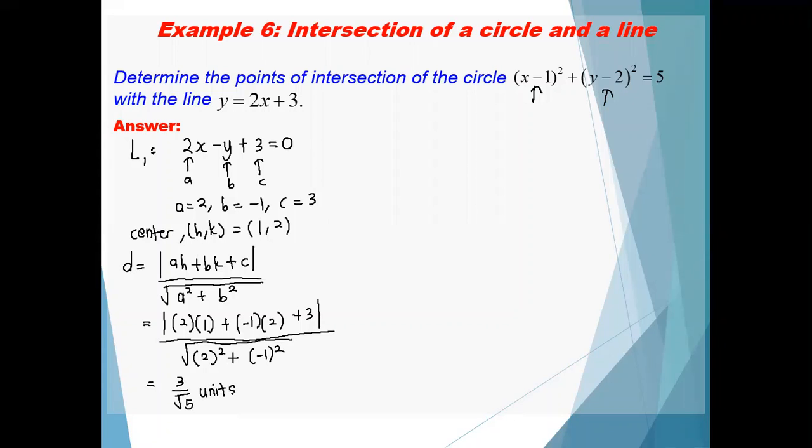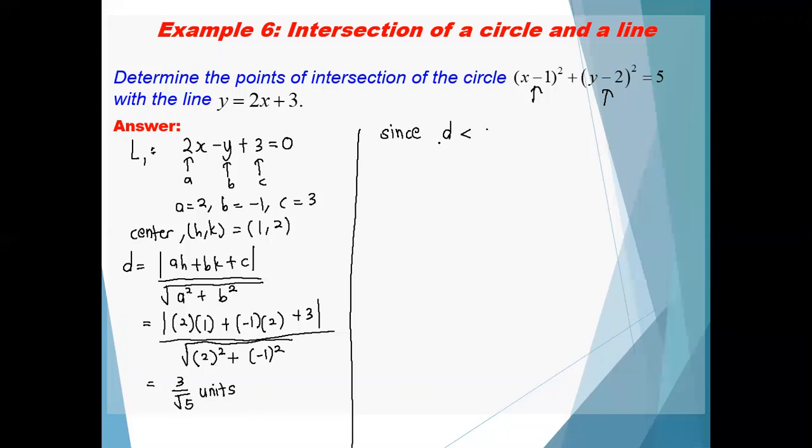Distance has units. Okay, so next, since D is 3 over square root 5, which is 1.34.